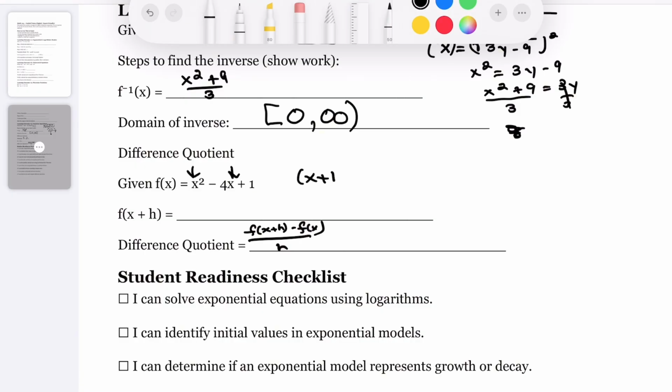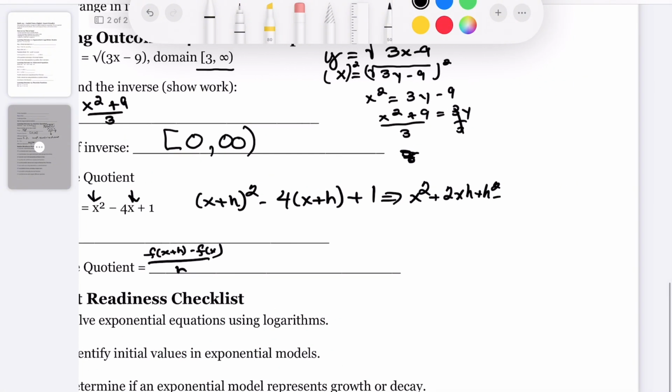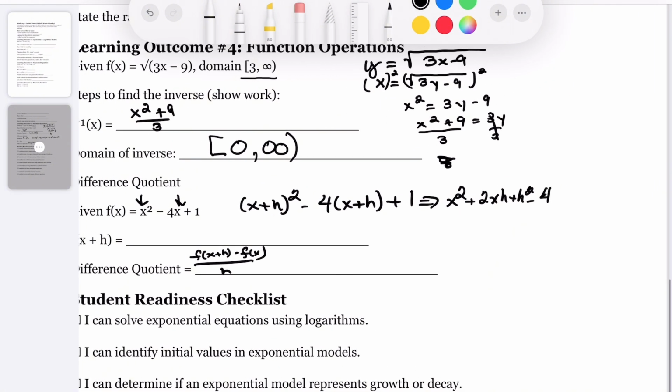So x plus h squared minus 4 times x plus h plus 1. So this is going to be x squared plus 2xh plus h squared minus 4x minus 4h plus 1.